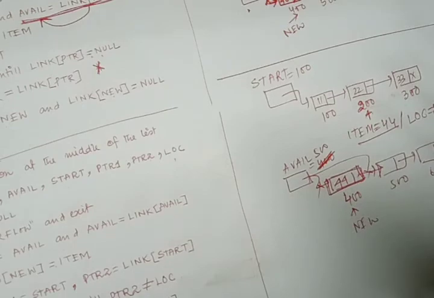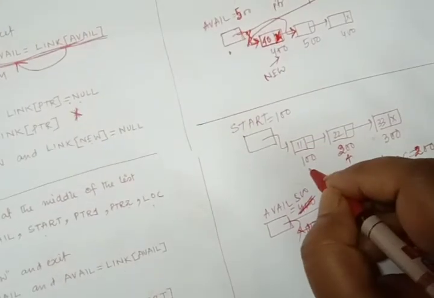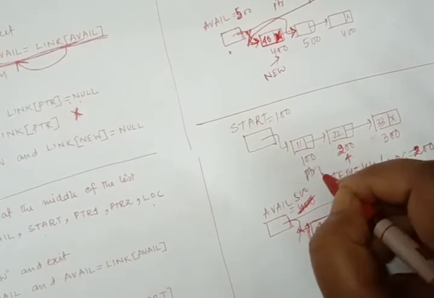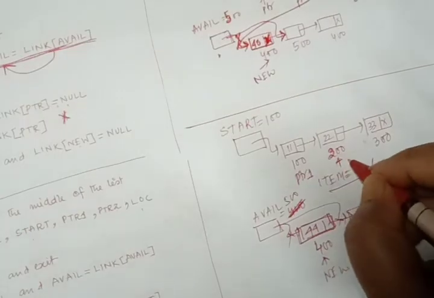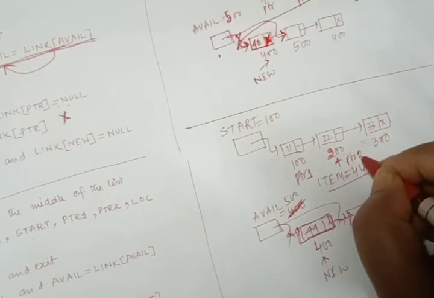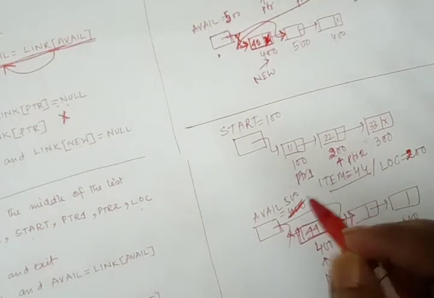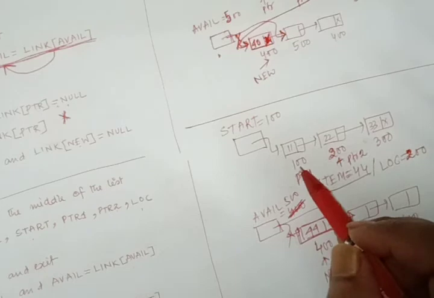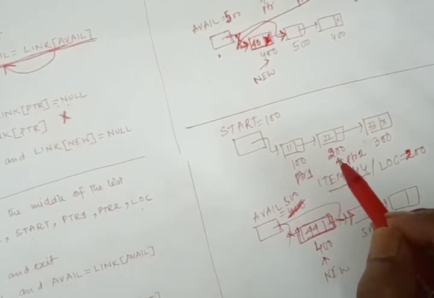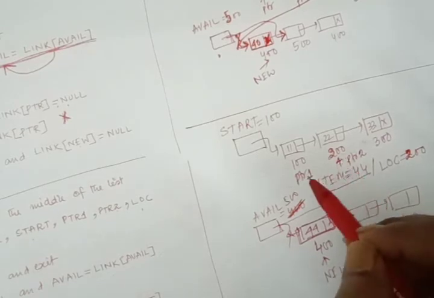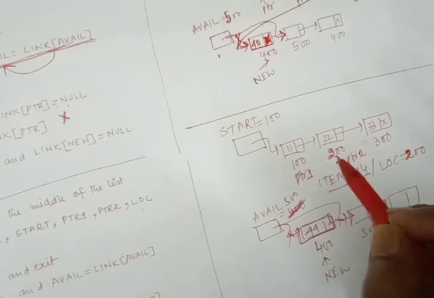And now we set the two pointer variables, ptr1 with the value start, so ptr1 resides here, and ptr2 equal to link of start, so ptr2 resides here. ptr1 will reside at the starting address 100, and ptr2 will reside at the link of starting address, so ptr1 equal to 100 and ptr2 equal to 200.